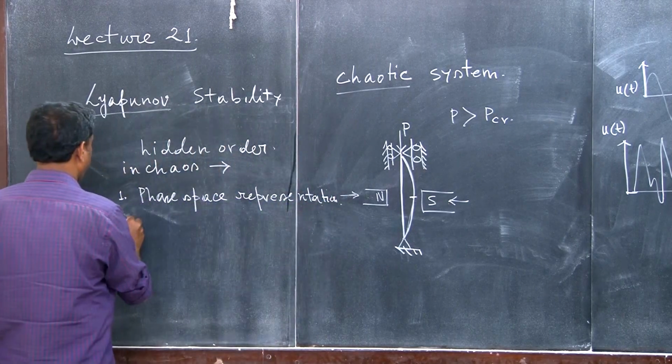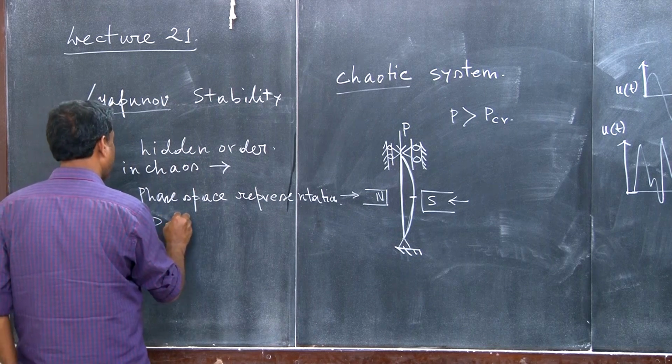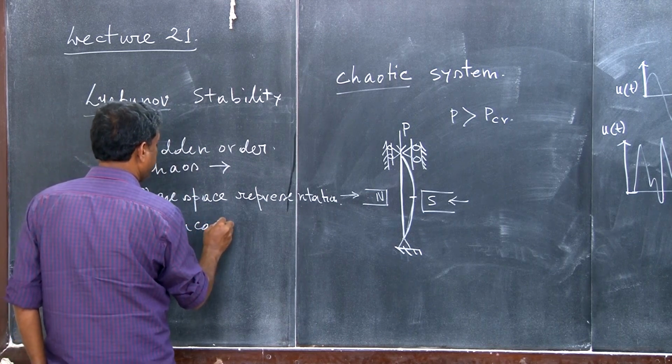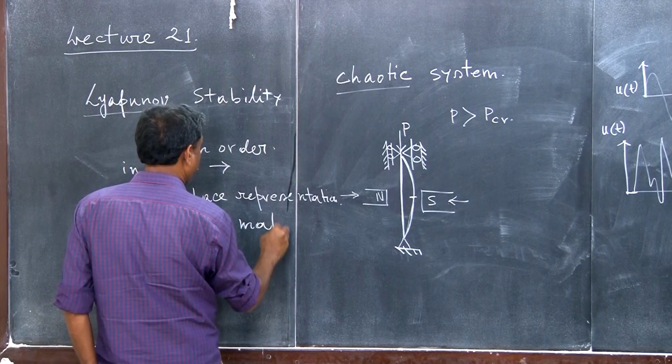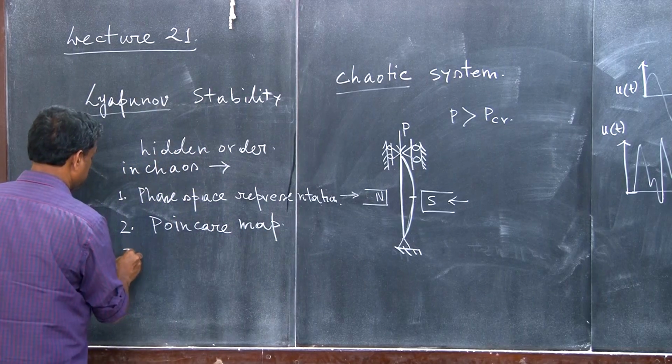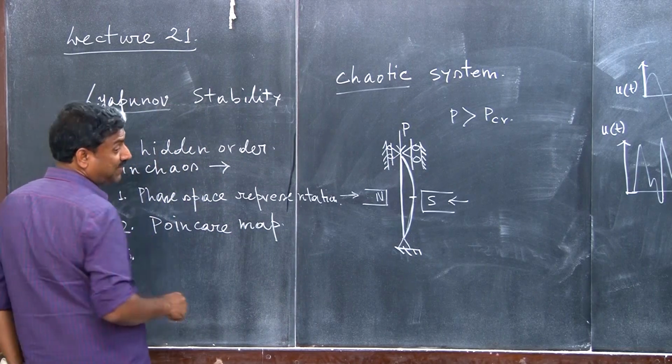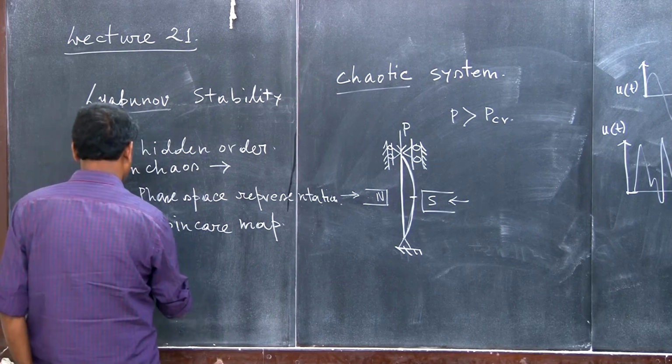There is a technique called Poincare map. Then there is something called Lyapunov exponent.